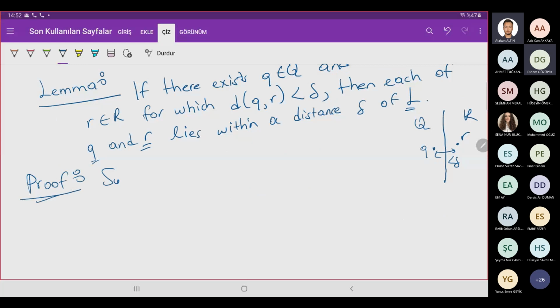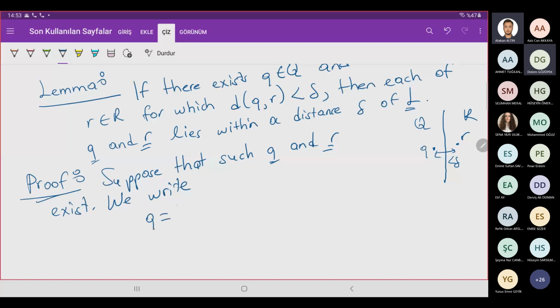Suppose that such q and r exist. We write q has some x and y coordinates, qx, qy, and r has some x and y coordinates, rx and ry, okay?